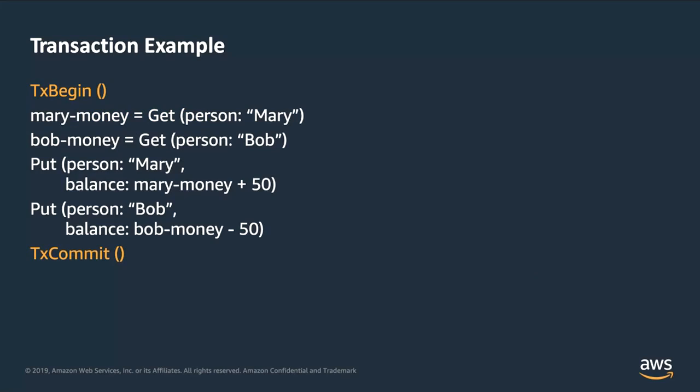If you do this in a standard tx begin, tx commit, you would do a get operation for Mary, read the money, for Bob, read the money. Once you verify that both these folks have the right money, then you do a put, increasing the money in Mary's account by 50 and reducing the money in Bob's account by 50, and then you commit the transaction if all these conditions are met.